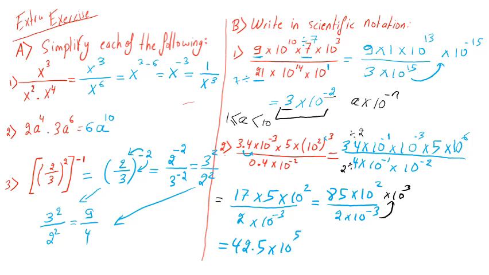Here we should write the answer in scientific notation. Then this number is not between 1 and 10. We should move the decimal point to the right or to the left in order to have the number between 1 and 10. It is 42.5, so we should move the decimal point to the left to become 4.25.